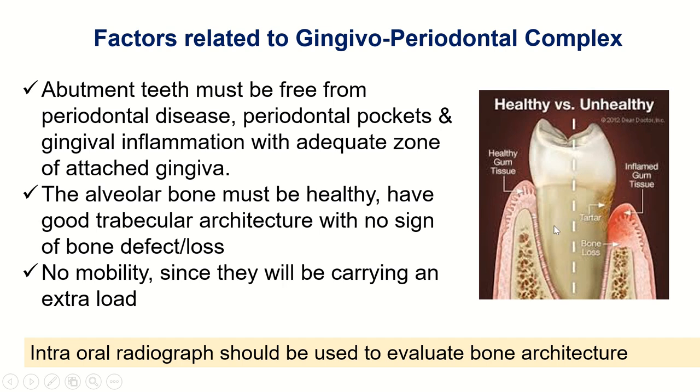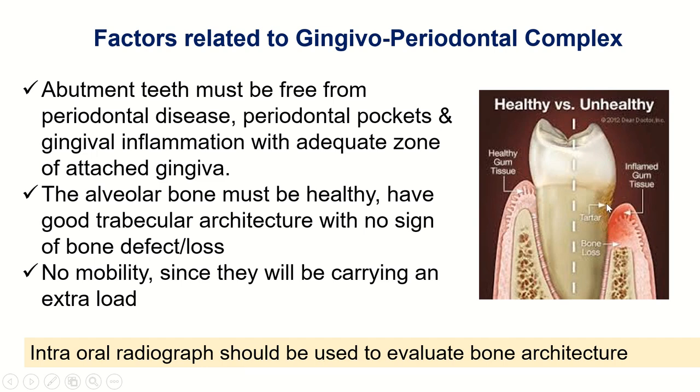This picture is very similar to the previous one, showing the healthy versus unhealthy condition: the form and color of the healthy gingiva and texture, attached gingiva, level of the bone, and bone trabeculae. All of these can be examined using an intraoral radiograph.